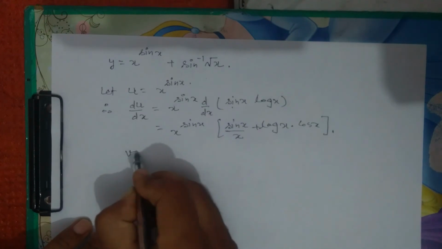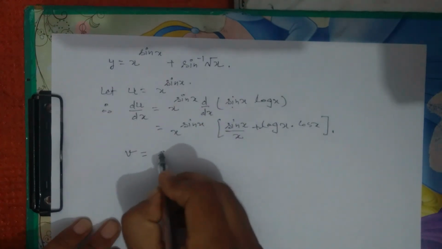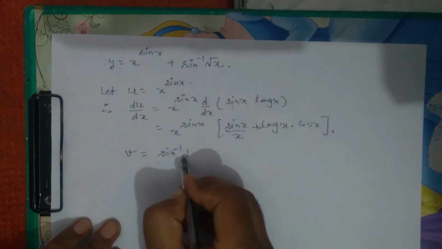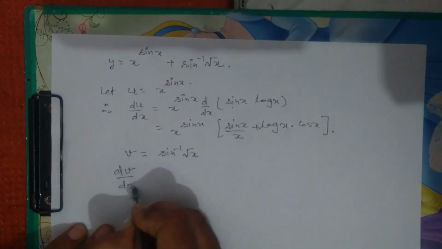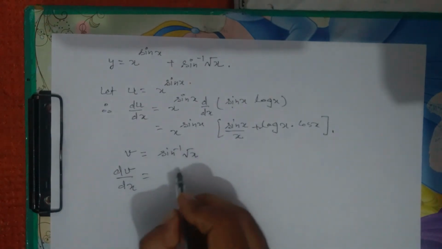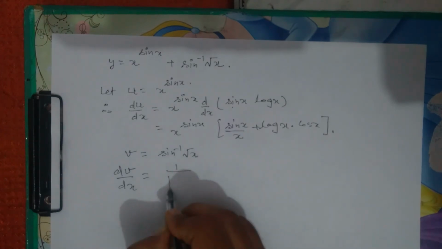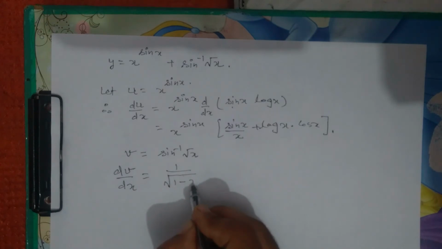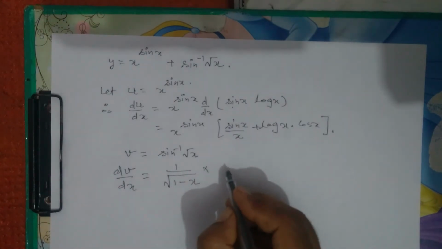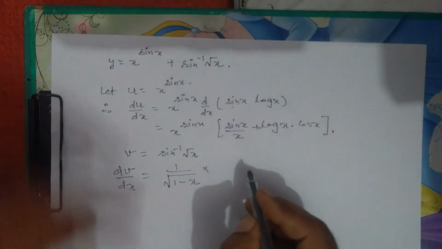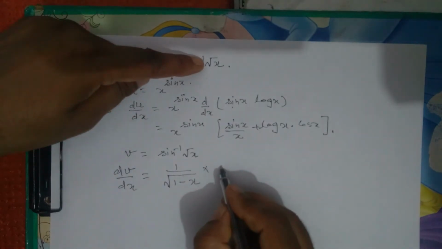Similarly, for the second part, v is equal to sin inverse of square root of x. So dv upon dx is equal to 1 upon square root of 1 minus x square, which becomes, with x, square root of 1 upon the derivative of square root of x.